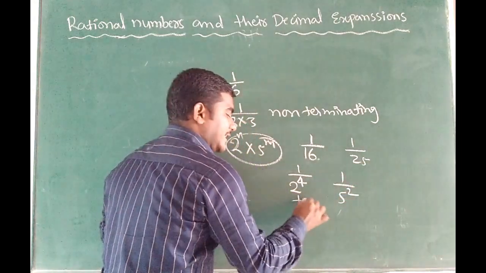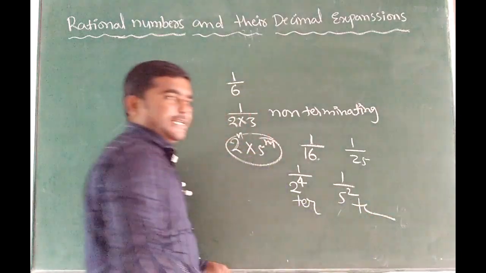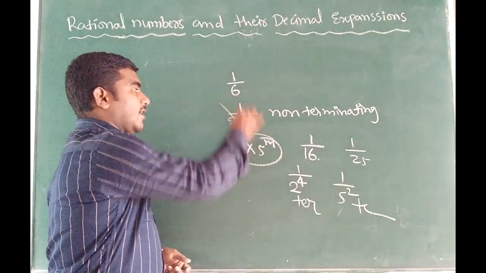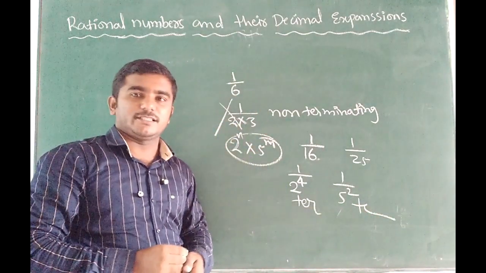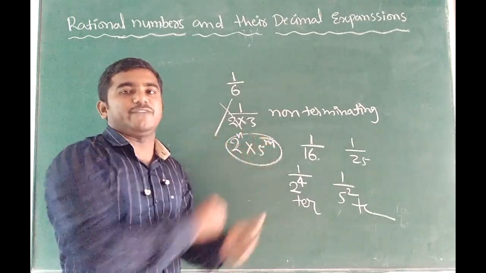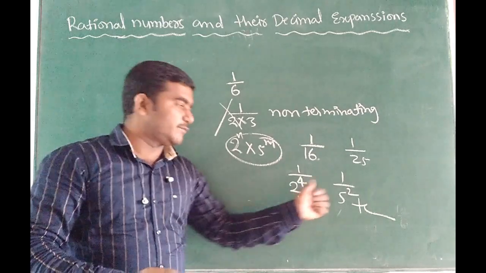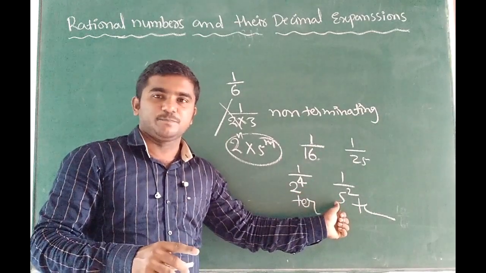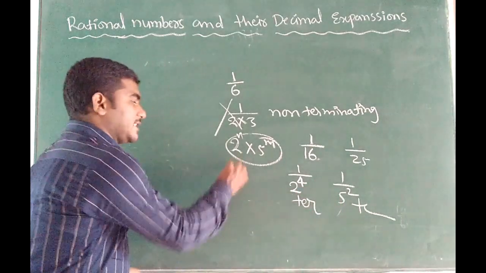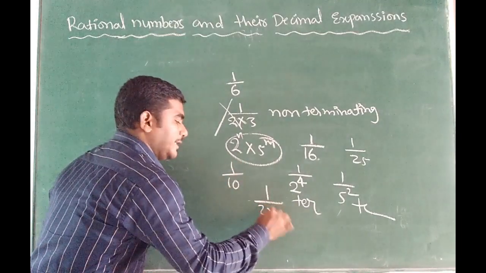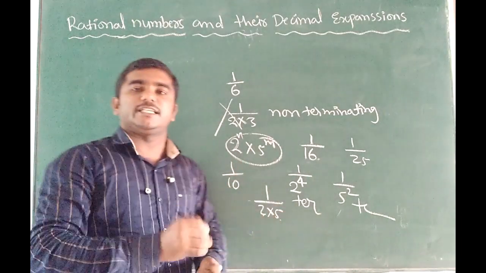It terminates. But 1 by 6 is non-terminating, because 2 is a factor but 3 is also a factor. If only 2 is a factor, it terminates. If only 5 is a factor, it terminates. If 2 and 5 are the factors, for example 1 by 10, 2 into 5, then also it terminates.